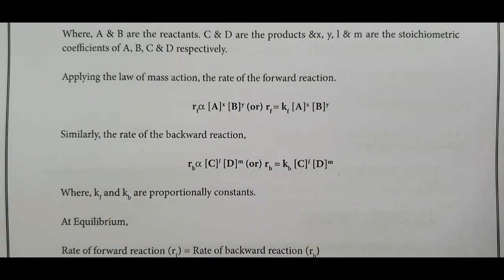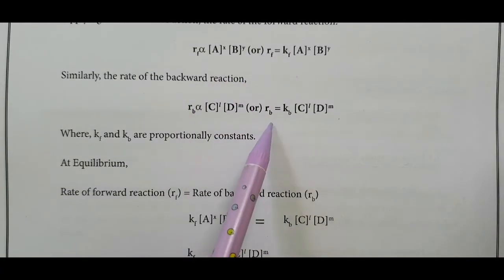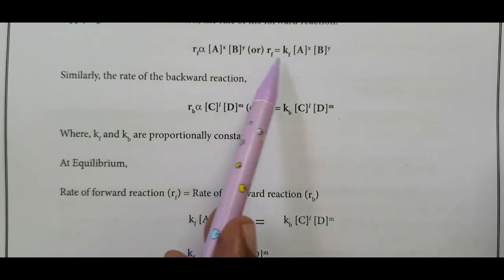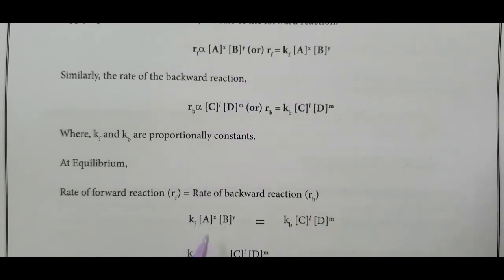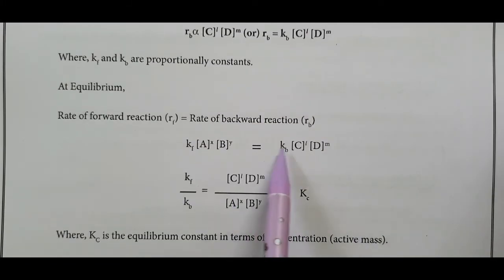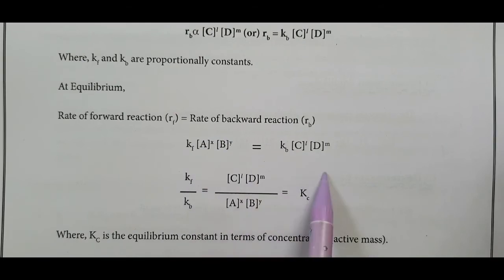At equilibrium, we know rate of forward reaction is equal to rate of backward reaction. So Rb equal to Rf. What is the value of Rf? Kf into concentration of A power x, B power y. Rb equal to Kb into concentration of C power l and D power m. Bring the constant term to the left hand side and concentration term to the right hand side.